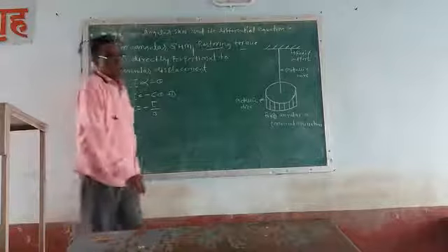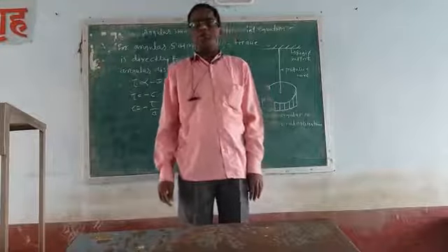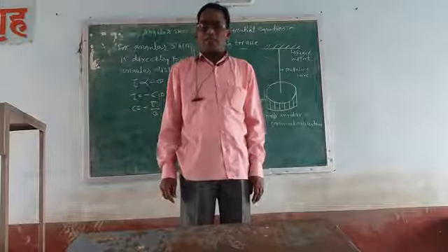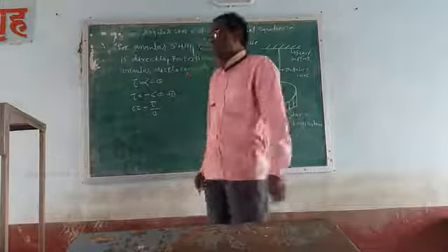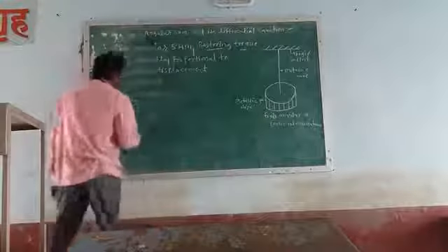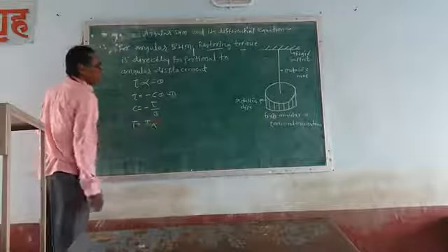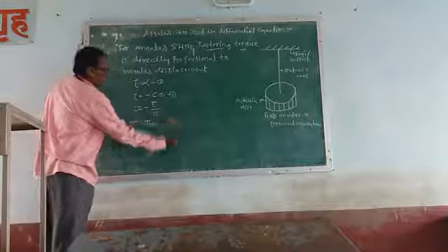Let I be the moment of inertia of a body and alpha the angular acceleration. Then the torque acting on the body is given by torque tau is equal to I into alpha. Equation number 2.